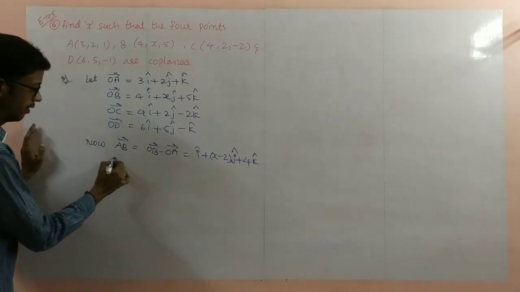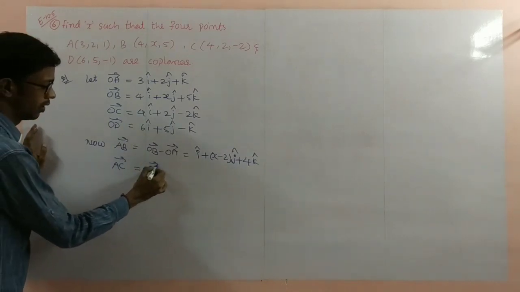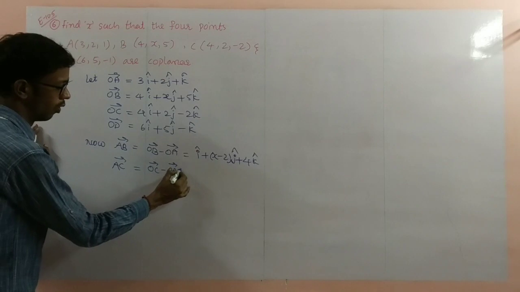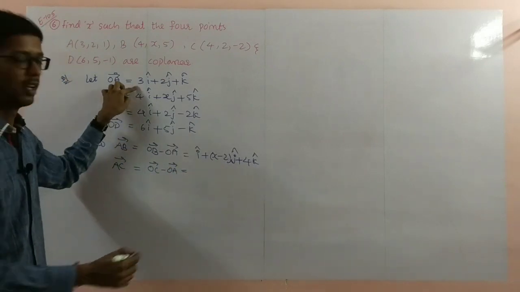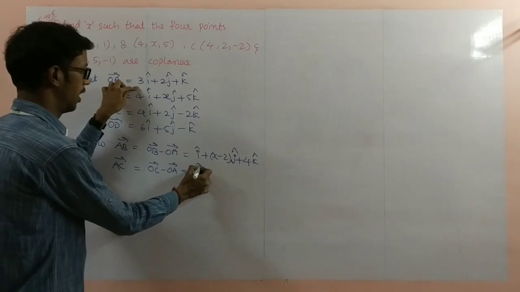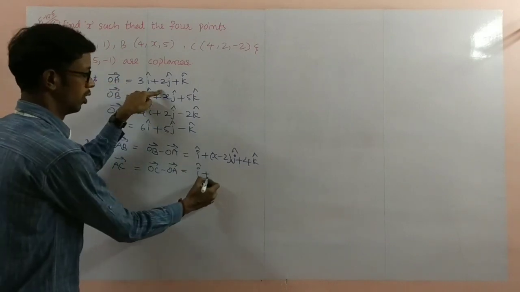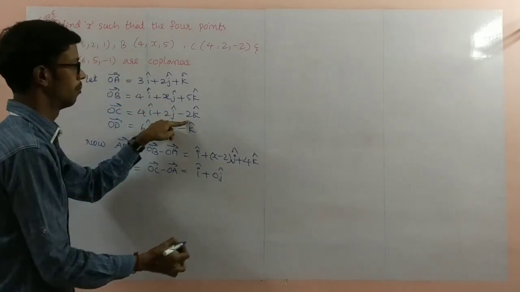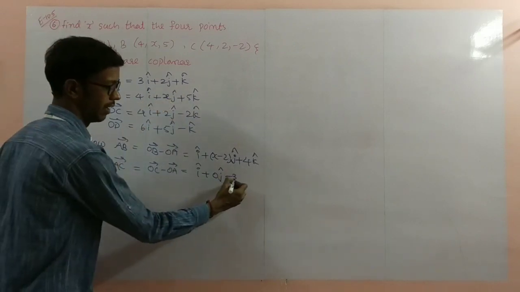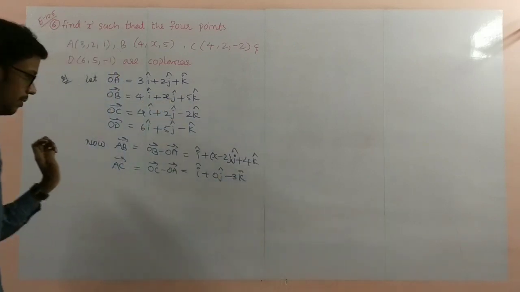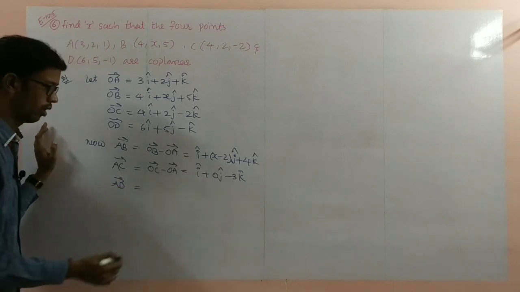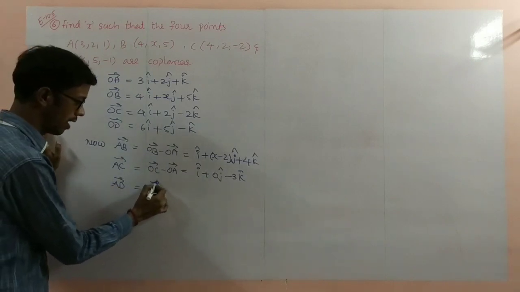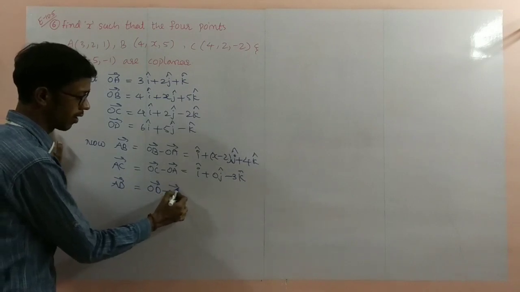Next, AC bar equal to OC bar minus OA bar. 4 minus 3, 1 i cap. 2 minus 2, 0 j cap. Minus 2 minus 1, minus 3 k cap. AC bar completed.